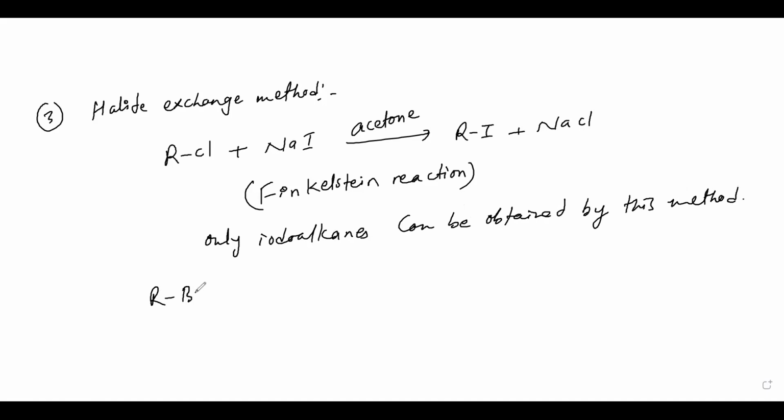We can use RBr here, and sodium iodide in presence of acetone. It gives RI, iodoalkane, and NaBr. So there is no formation of chloroalkane or bromoalkane, but we can use chloroalkanes and bromoalkanes to prepare iodoalkanes by the halide exchange method, which is called Finkelstein reaction.